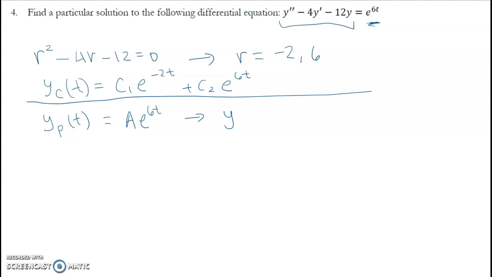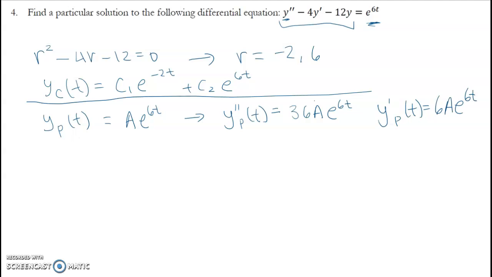So y double prime of the particular solution of t is y of t differentiated twice. Differentiated first would be 6a e to the power of 6t, and doing it again, we have 36a e to the power of 6t. And y differentiated just once, we said before, is 6a e to the power of 6t. We plug these values in.